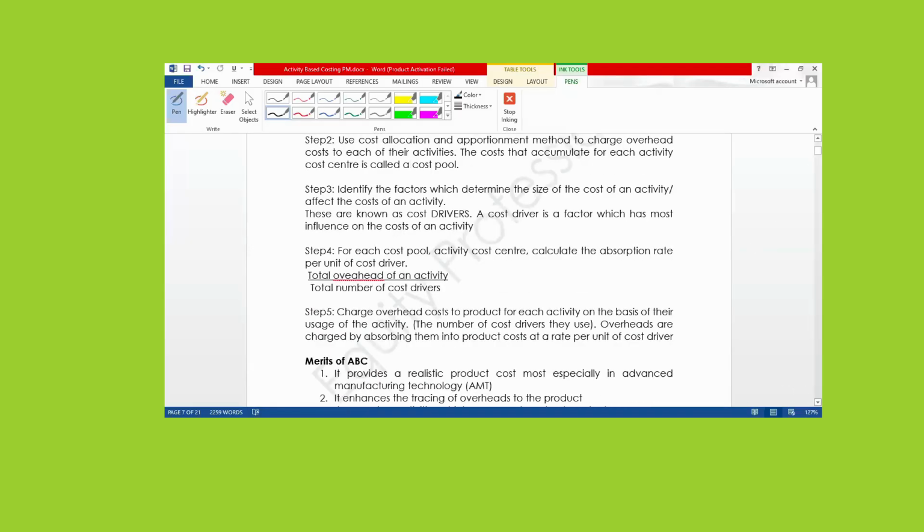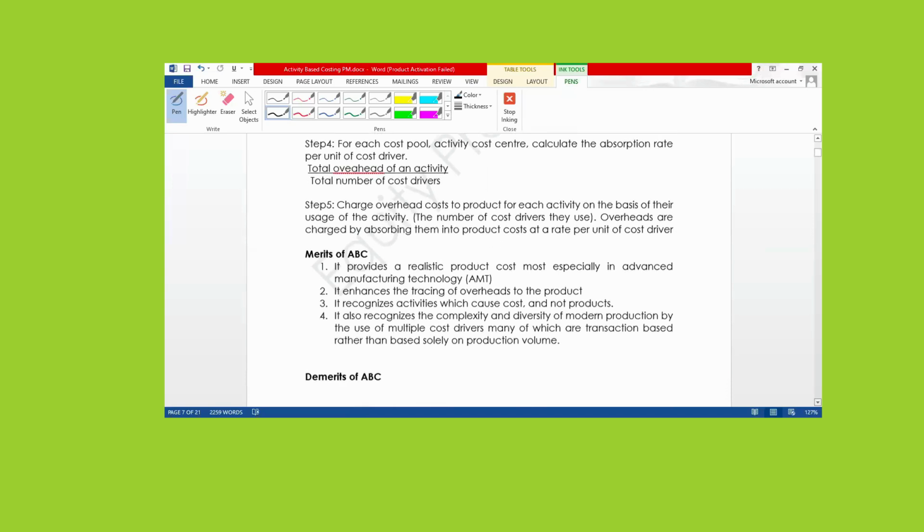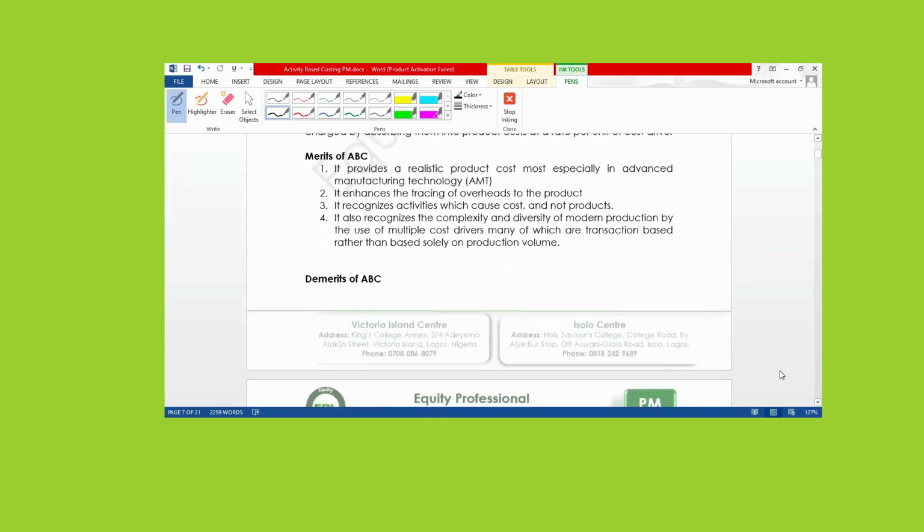Look at the advantages. It provides a realistic product cost, most especially in advanced manufacturing technology.